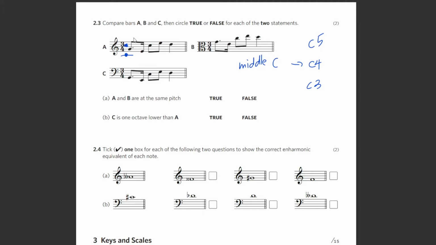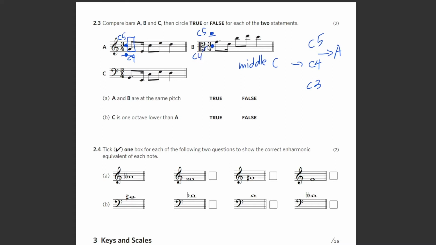Don't confuse yourself, just use the first note. I know that in A, the first note is between C4, which is my middle C, and C5. So I will put this as A. Next, this is B. This is middle C, and this is your C5. This is C4.